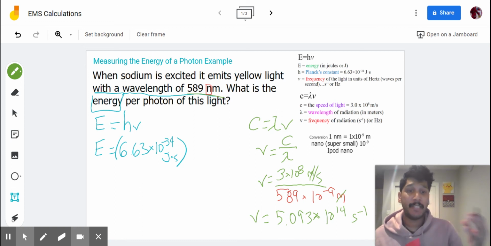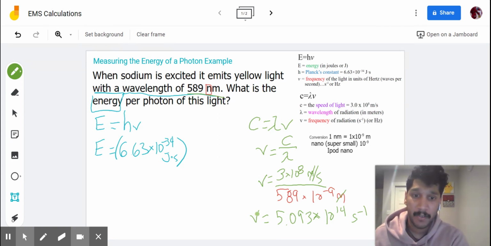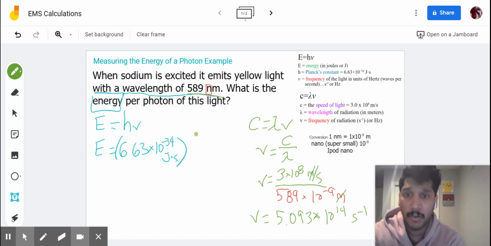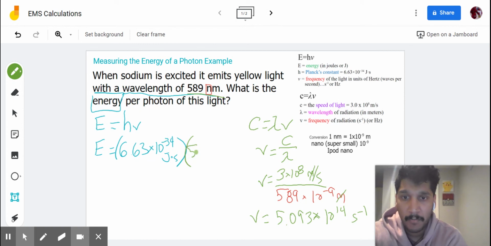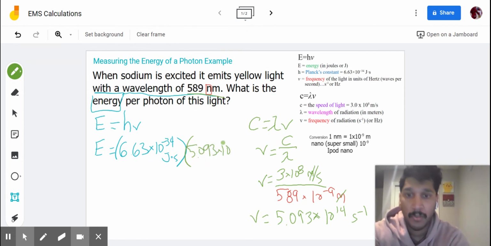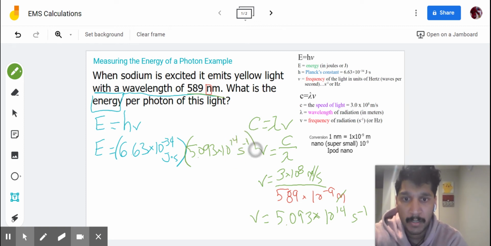But this is asking for the energy. So now we've solved for frequency, so we can plug it back into our first original equation. I'm just going to take my 5.093 times 10 to the 14th per second.